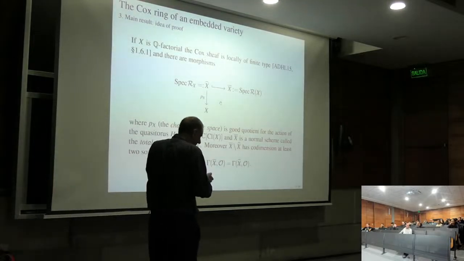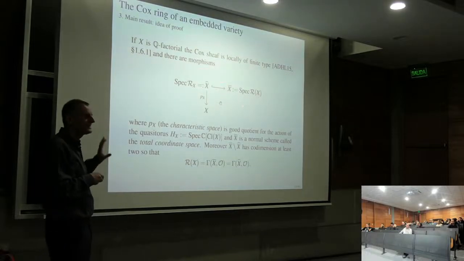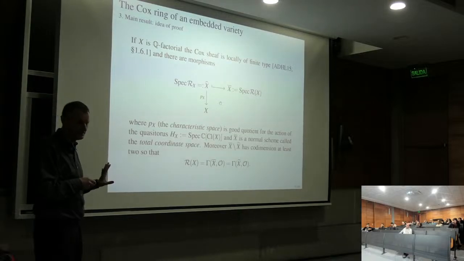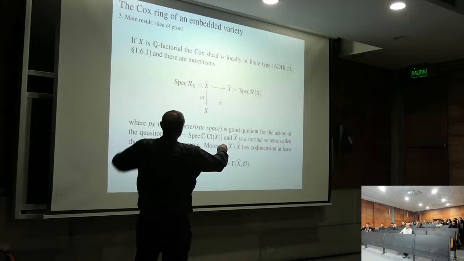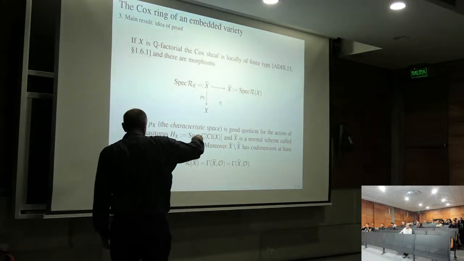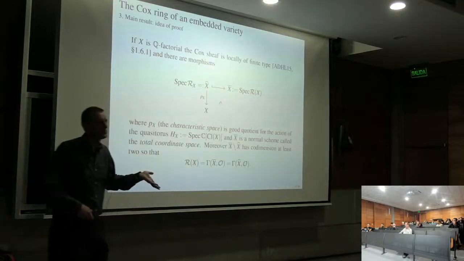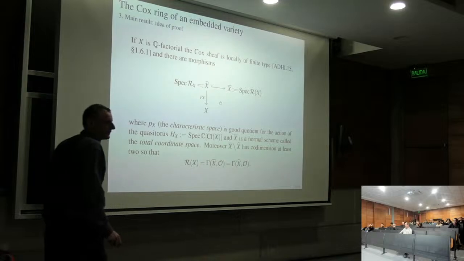Okay, I want to stress the fact that the whole construction stays the same even if the Cox ring is not finitely generated. So even if this is a non-Noetherian scheme, you have this construction, and this embeds into this one, and the complement is of codimension 2. This is fundamental in our construction.